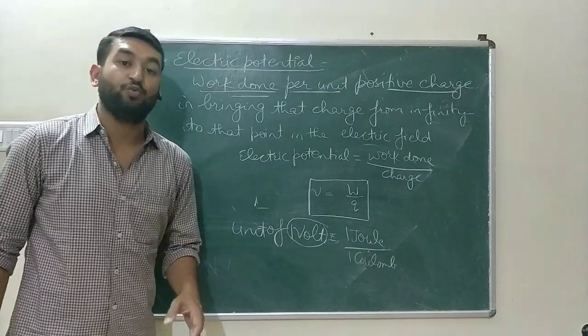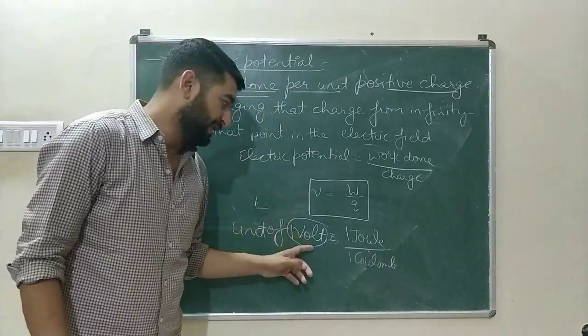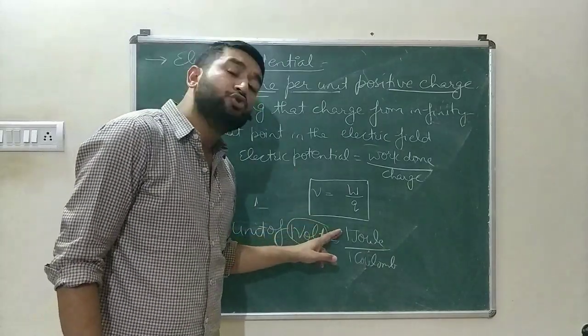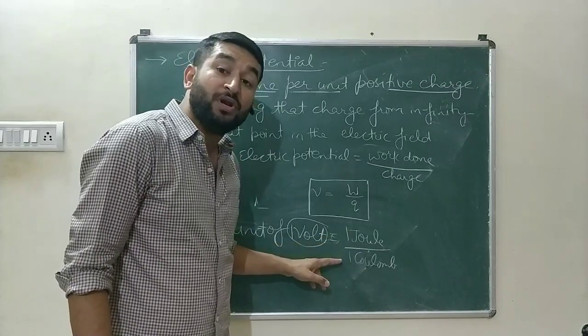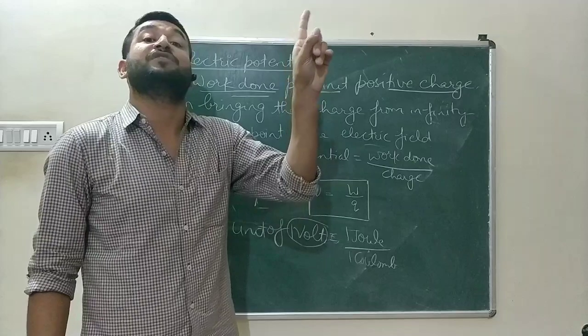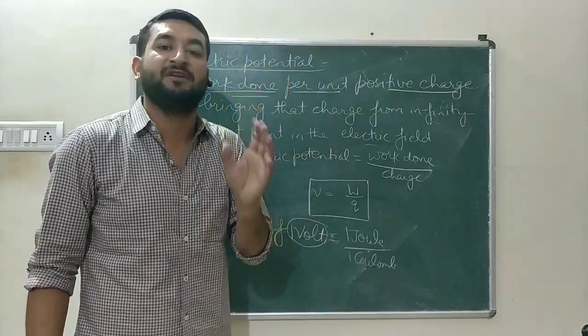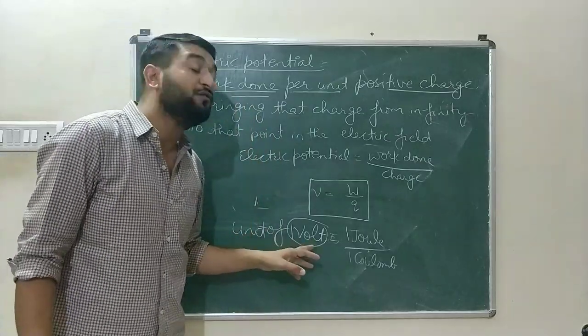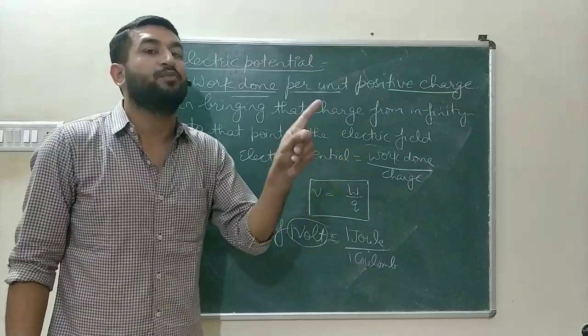So if someone asks what is 1 volt electric potential, the answer is: if 1 joule of work is done in bringing 1 coulomb of unit positive charge from infinity to a given point in the electric field, that is known as 1 volt electric potential at that particular point.